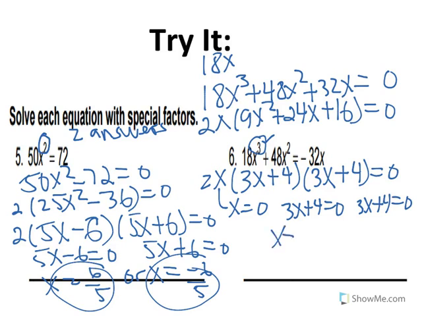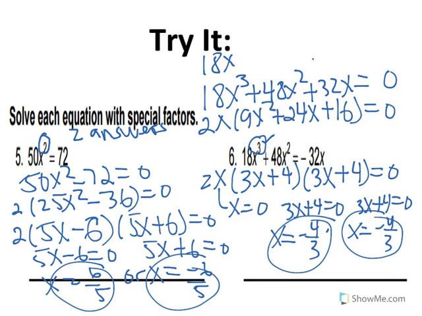So that means x equal to negative 4 over 3, and x equal to negative 4 over 3. Notice how we have two of the same answers, right? Okay, so we call this our double roots. Right, so we have 1 answer, 2 answers, and 3 answers, but 2 of those answers are the same.